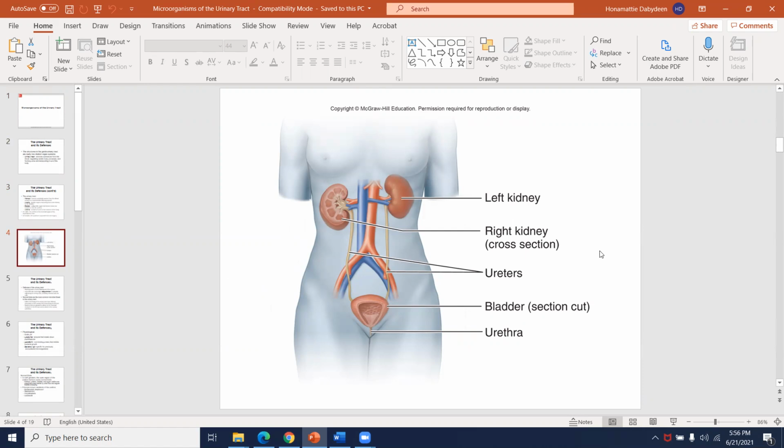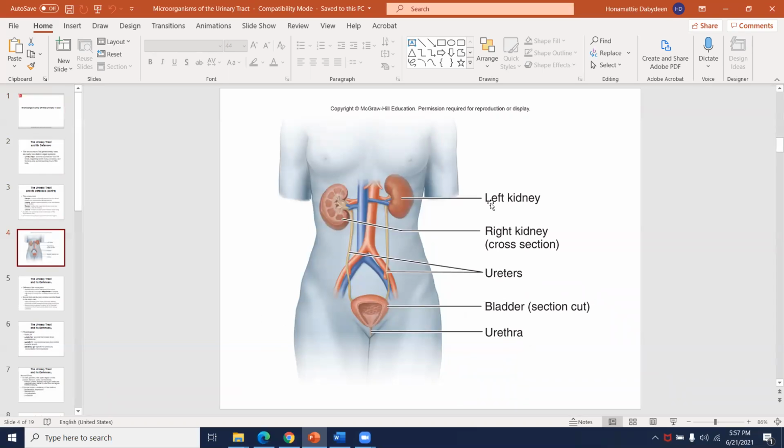There you have the kidneys, those bean-shaped organs. Then you have these two tubules leading from the kidney into the urinary bladder. Those are your ureters. And then, of course, you have your bladder, in which the urine is collected and stored for a while until you have the urge to urinate. Then the urine will flow through the urethra to the outside.